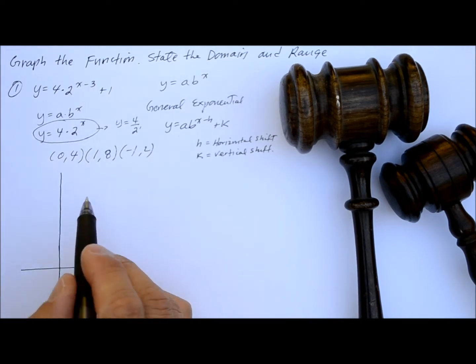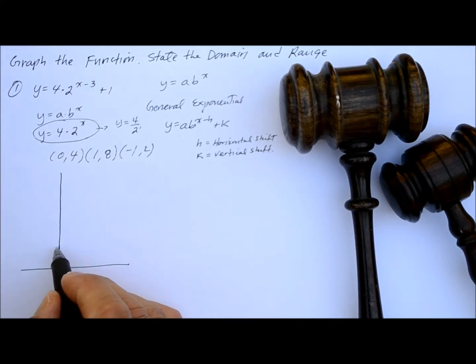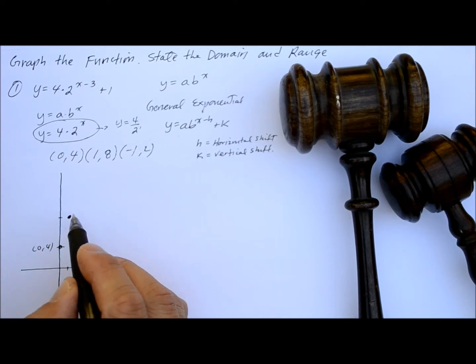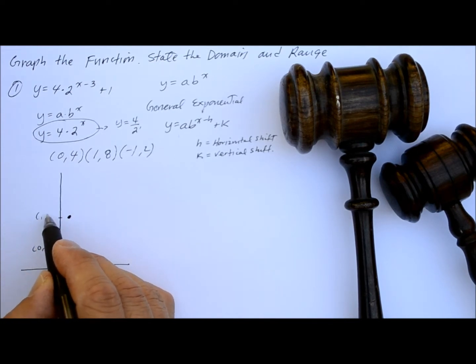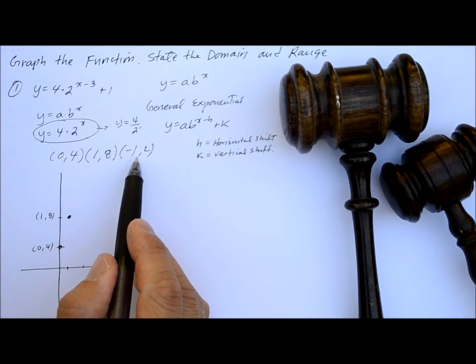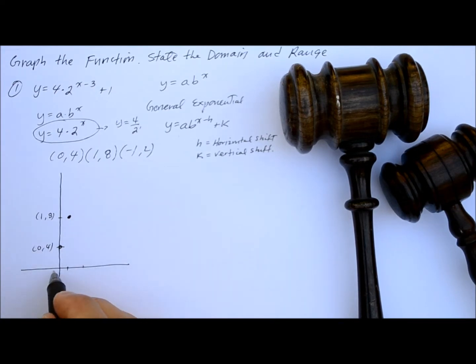So the first coordinate is 0 and 4. And the next coordinate is 1 and 8. So if that's 4, here's 1 and 8. And the third one, just to give it a better view, negative 1, which gives us 2.